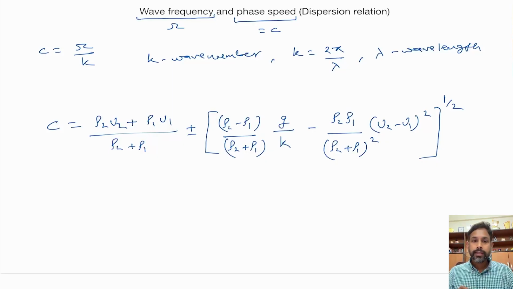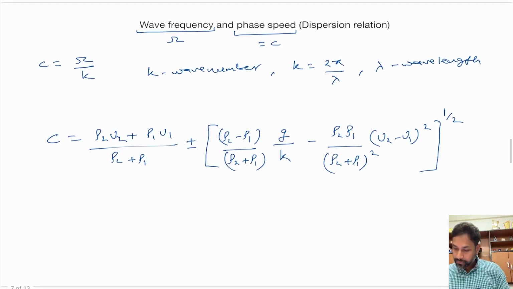Okay, so this is the condition we get for the phase speed in the case of an unstable wave, where once again c is the phase speed, right?